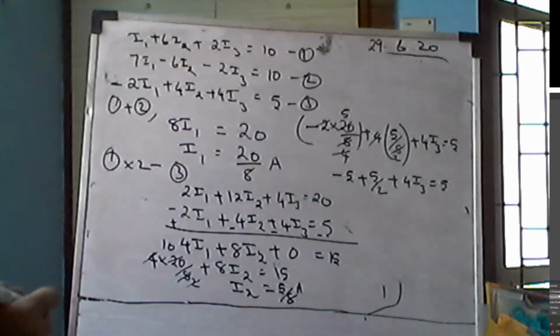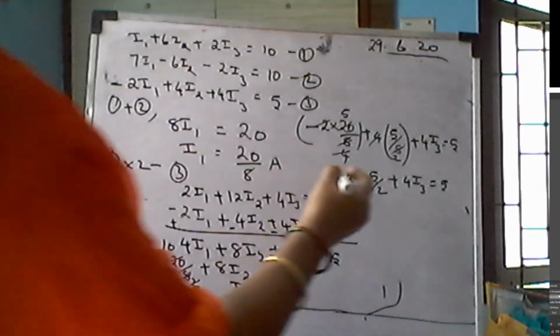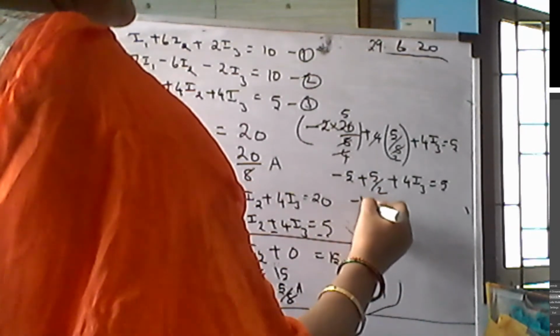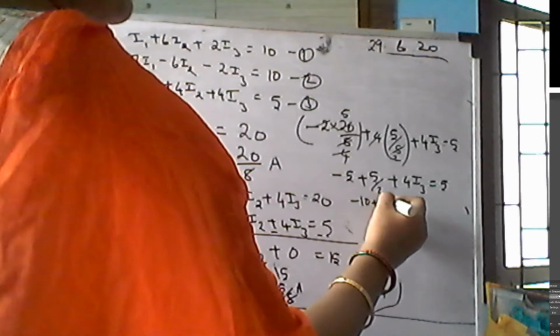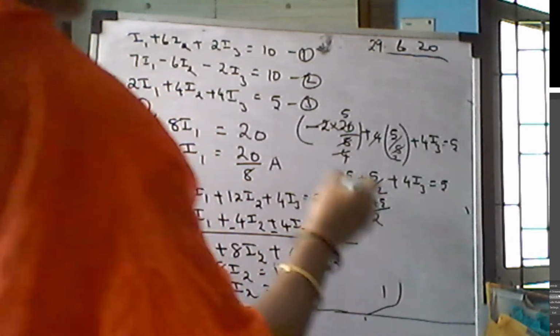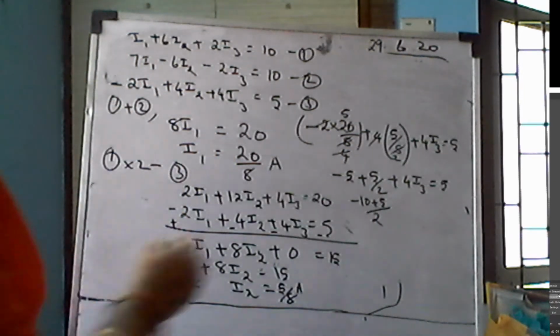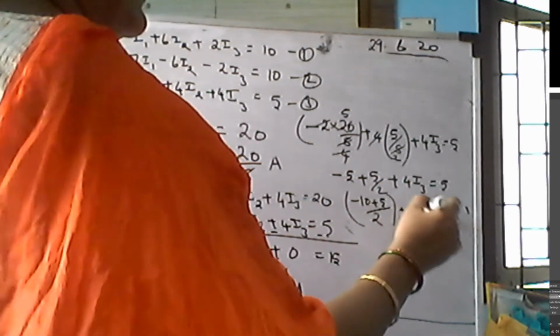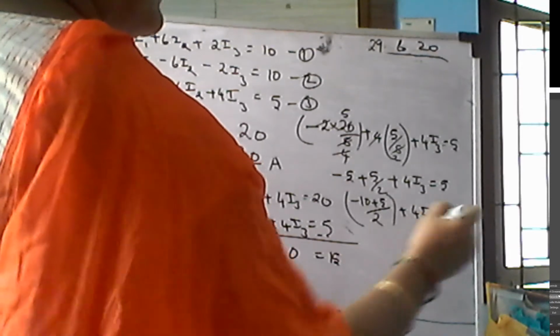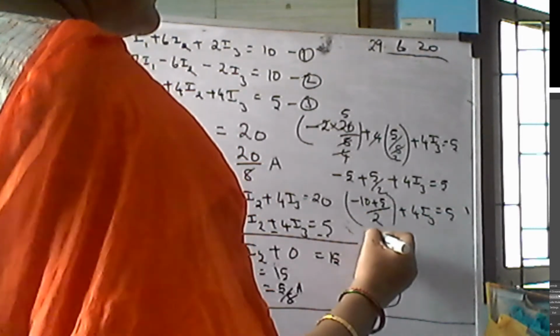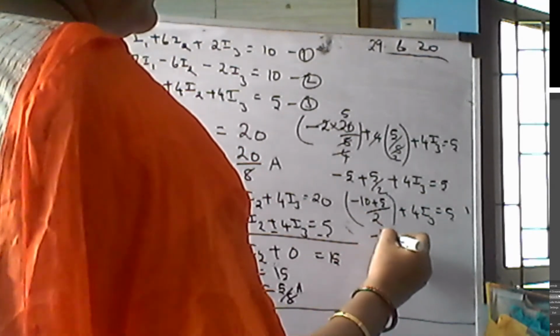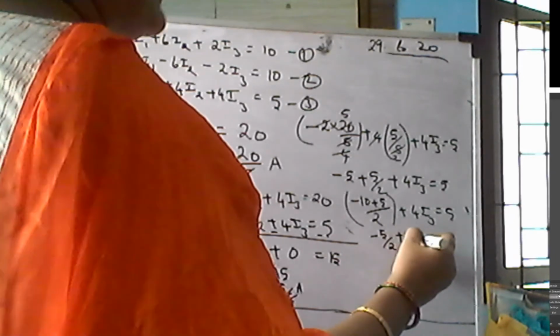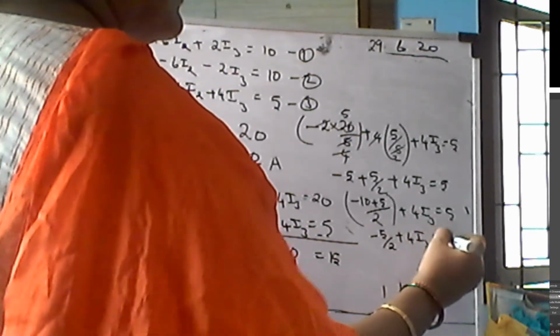So 5 by 2 is nothing but 2.5, or you can take it as minus 10 plus 5 by 2, plus 4I3 equal to 5. So this is minus 5 by 2 plus 4I3 equal to 5.